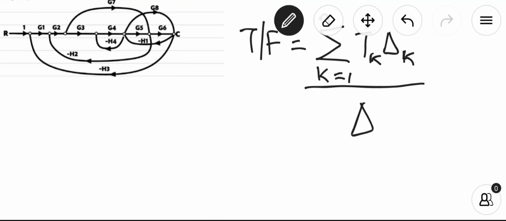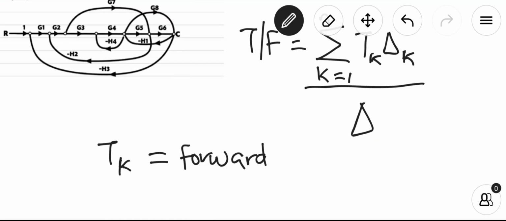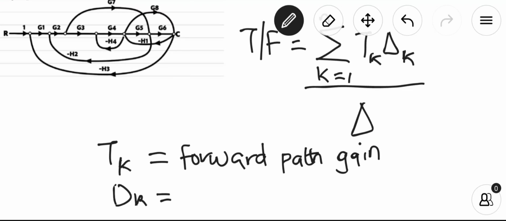Let me describe the parameters. T_k is equal to the forward path gain, while delta_k is equal to the cofactor of the forward path.